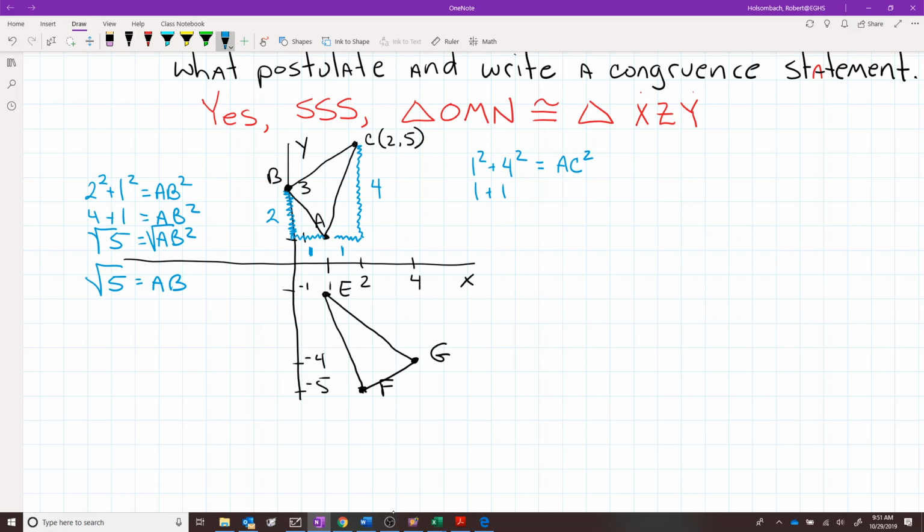So 1 plus 16 equals AC squared. 17 equals AC squared. And if you square root both of those, then the square root of 17 equals AC.